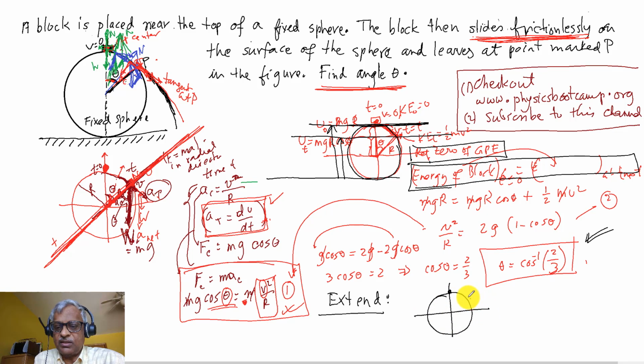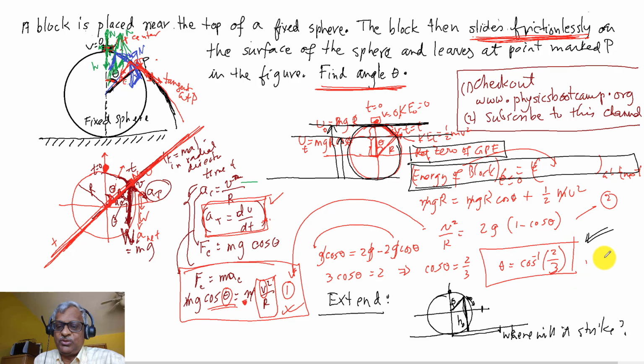You let go here, and over here it leaves, and you can ask where does it strike, having fallen from where it left, at angle theta, so you know at what height it left. So this is at 0, and the question is from here to here where it will strike. That's one really interesting question that you might play with.